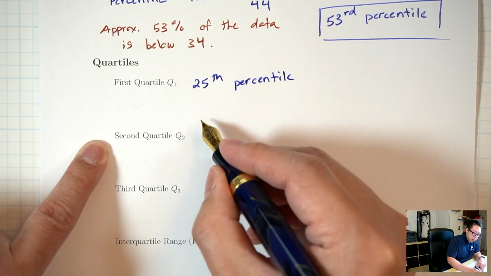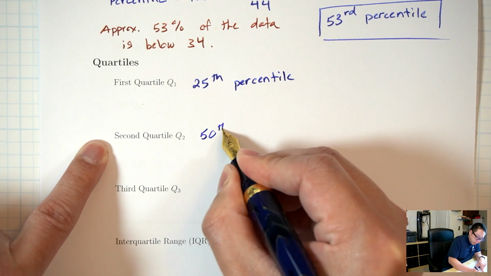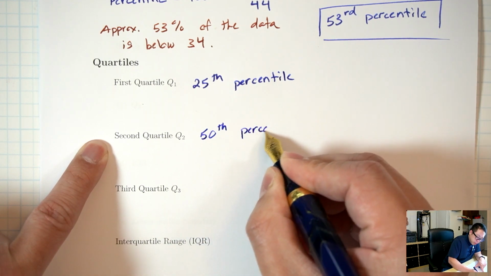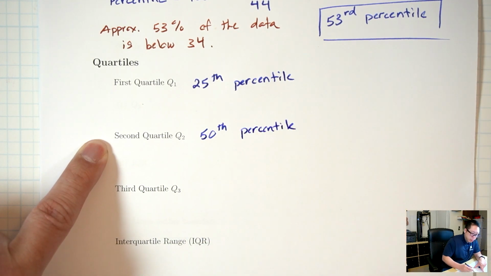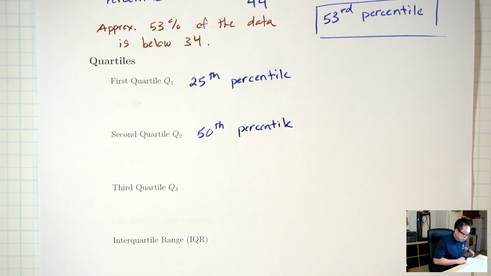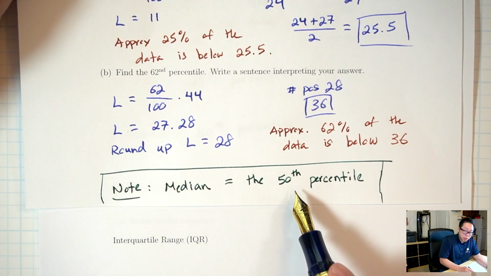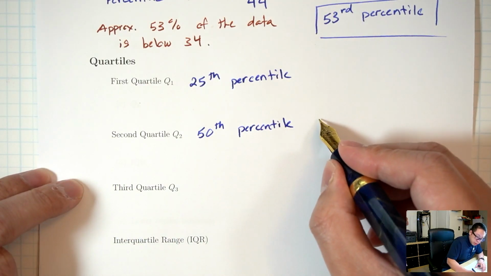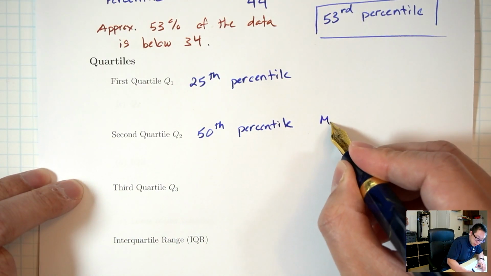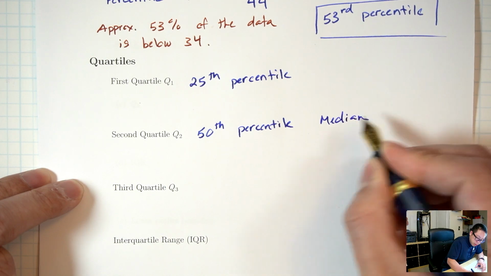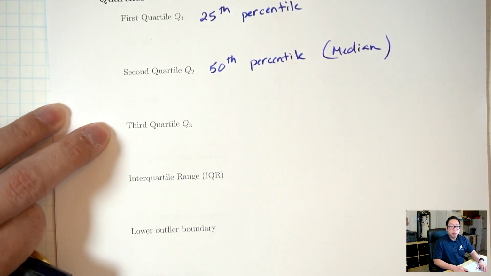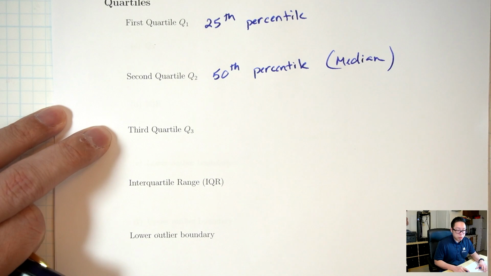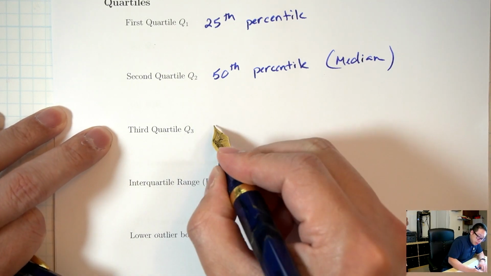So the second quartile is the 50th percentile. And remember, we said the 50th percentile is really just another name for the median. Third quartile, that's 3 quarters, that's 75 cents. So that's the 75th percentile.